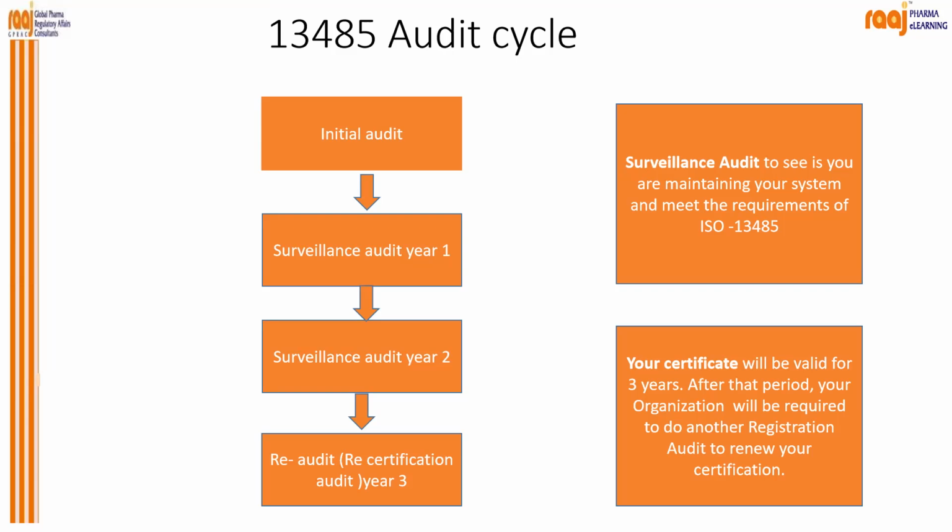You rectify the issue, apply CAPA, take the corrective and preventive action, close that CAPA, and send the NCR report to the notified body. Then they will take 6 to 8 weeks for the certification. If they are satisfied with all your replies and the top management commitment, your certificate will be issued.